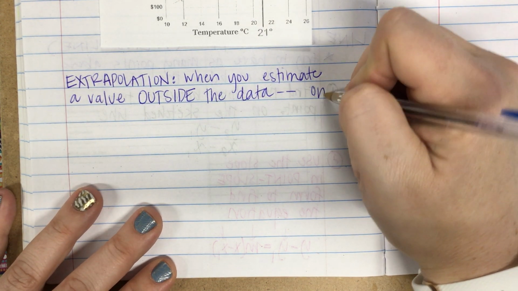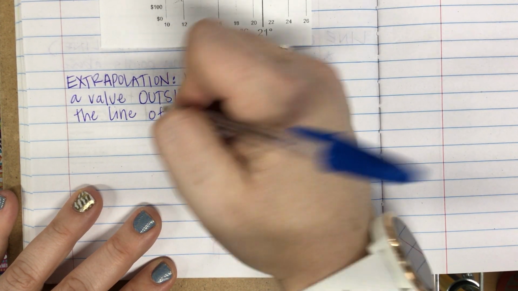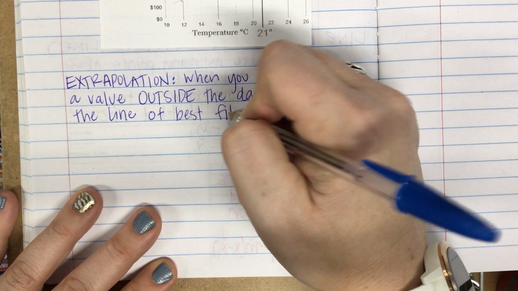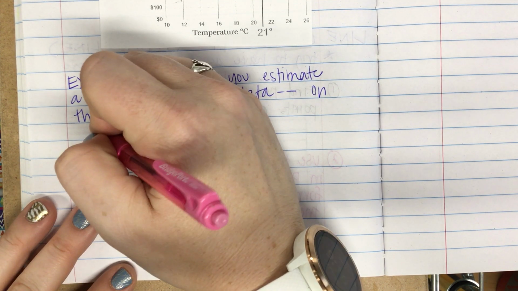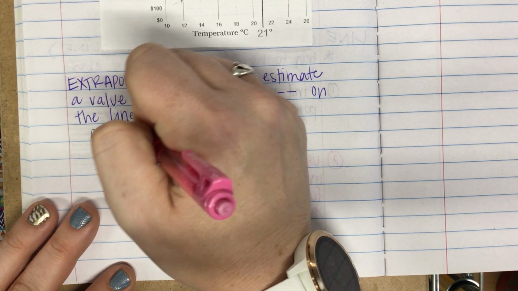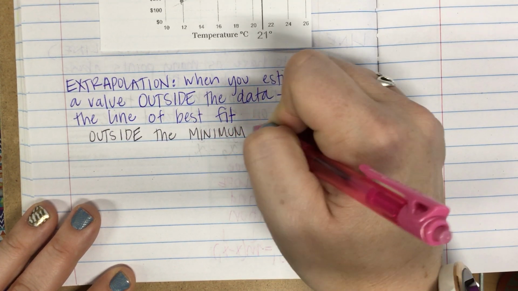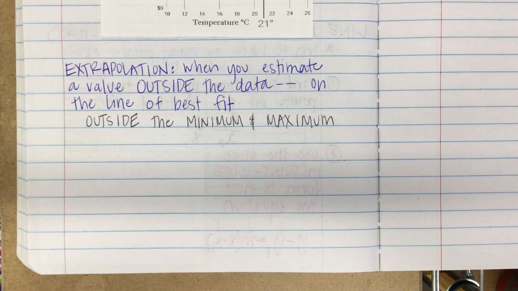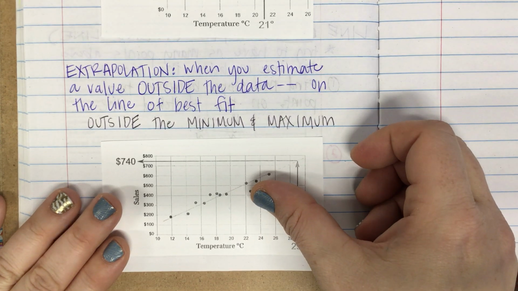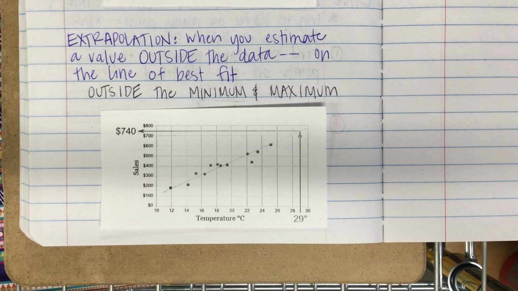It's still on the line of best fit. But this time, instead of it being between the minimum and the maximum, it's outside the minimum and maximum. Extrapolation is when it's outside the minimum and the maximum.